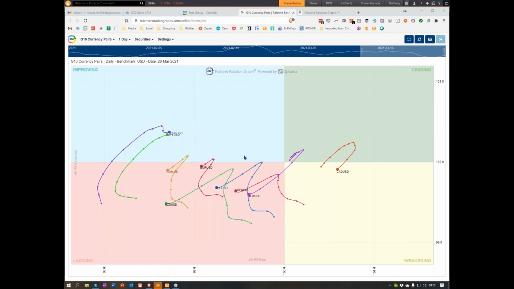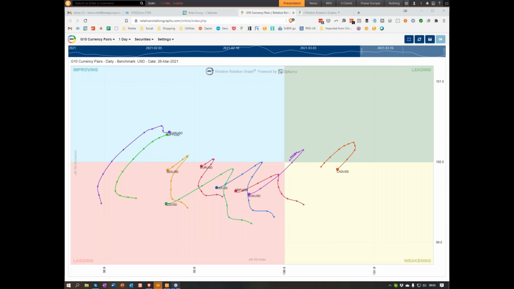So as a strategy, the Canadian dollar is your leader, and anything in here is your short against the US dollar or the Canadian dollar or any other thing which is further to the right of it. So this is a good way of visualizing all the pairs.